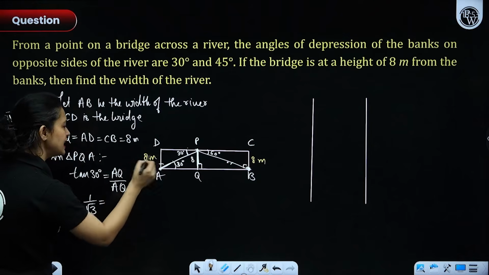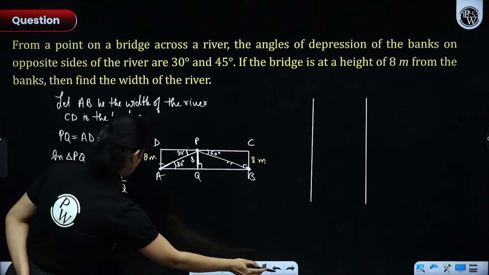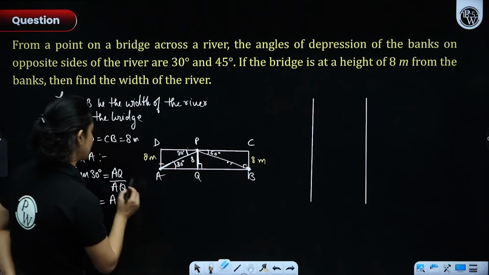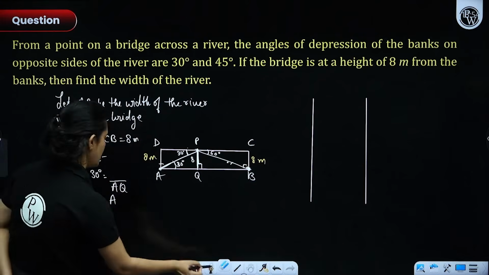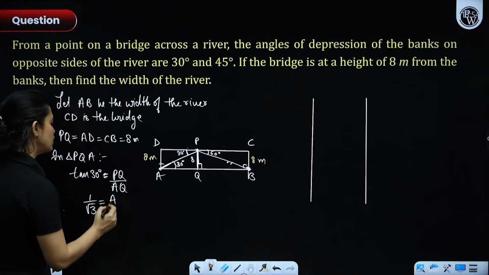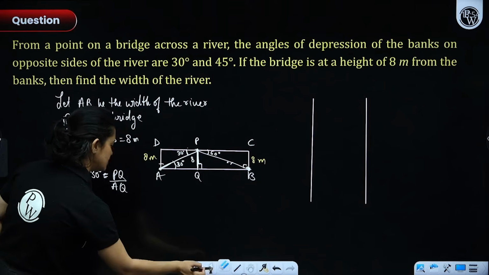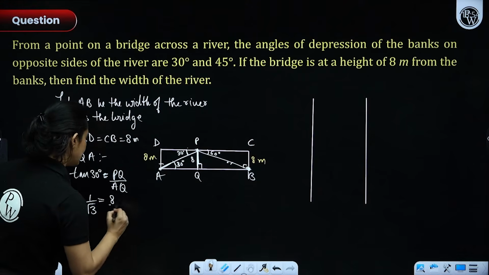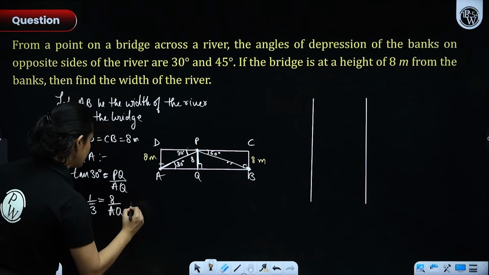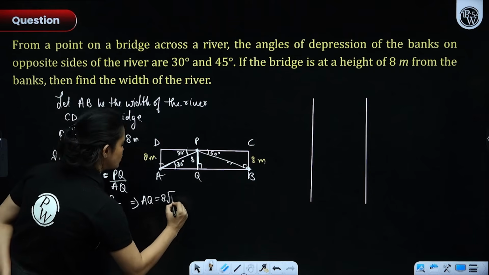AQ is what? AQ we have to figure out. PQ by AQ, sorry. So, 1 by root 3 is equal to PQ, which is 8, so this here is 8 over AQ. That we have to figure out. So, from here I can say that AQ is equal to 8 root 3 meters.